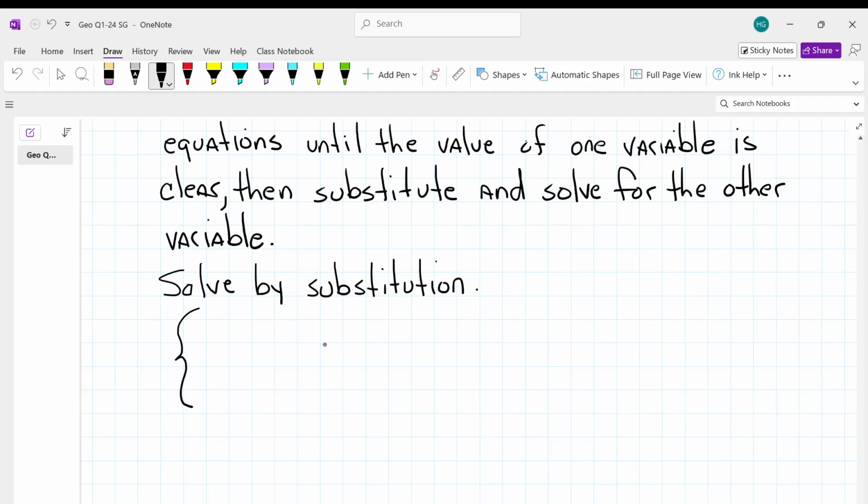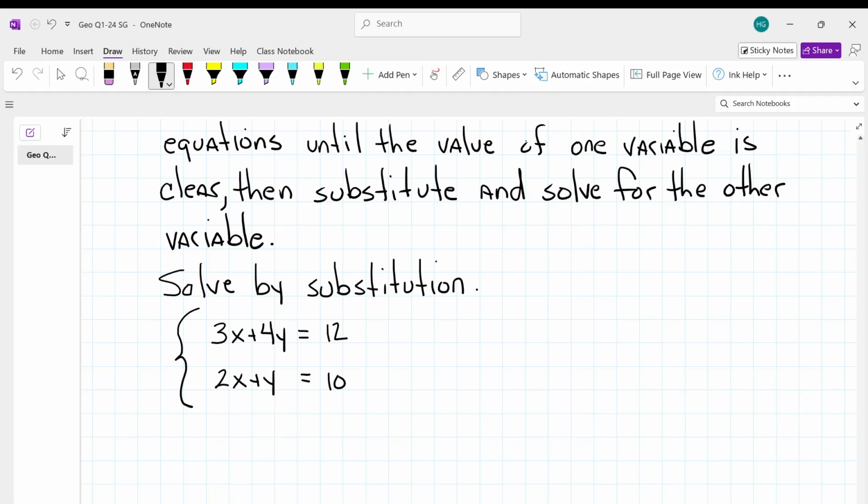Let's say, for instance, we have 3x plus 4y is equal to 12, and 2x plus y is equal to 10.